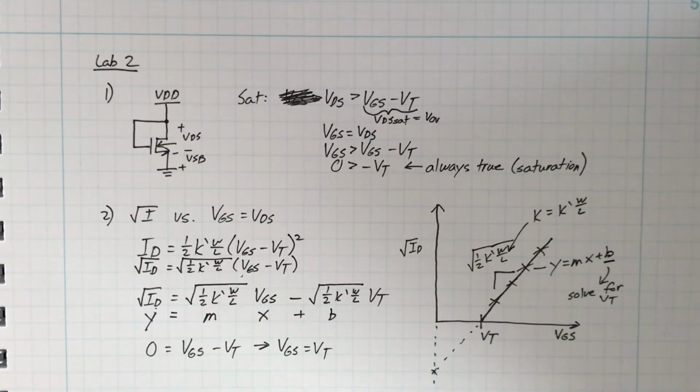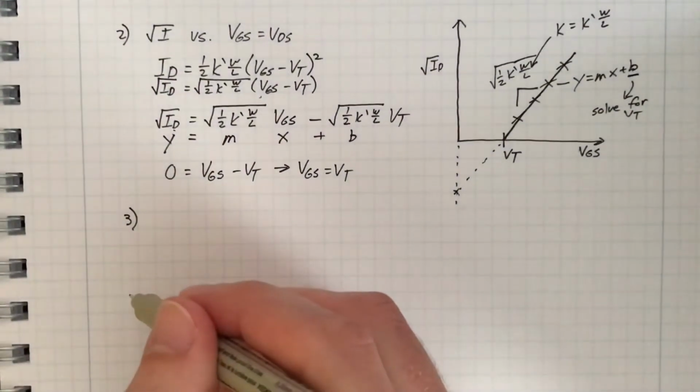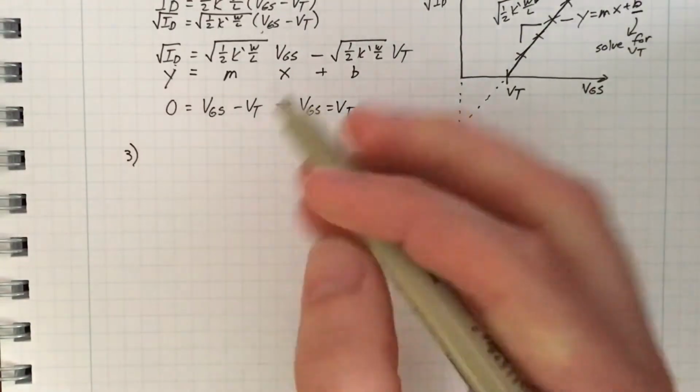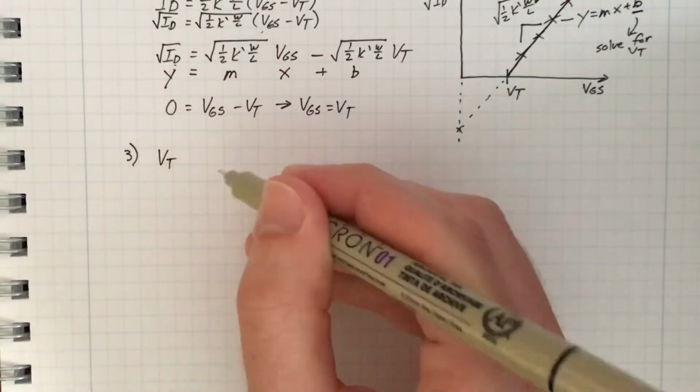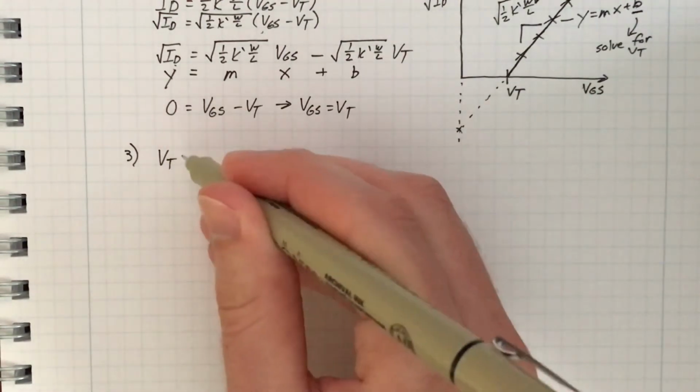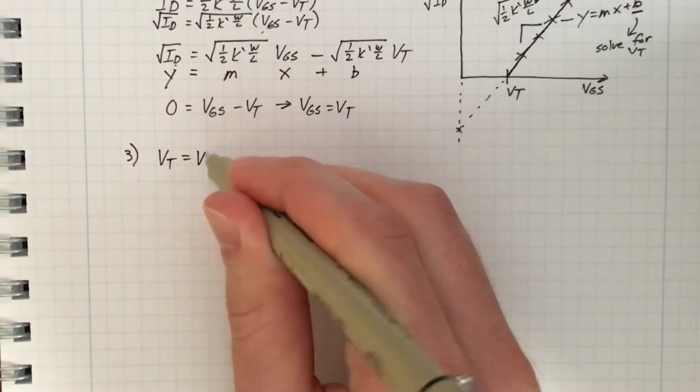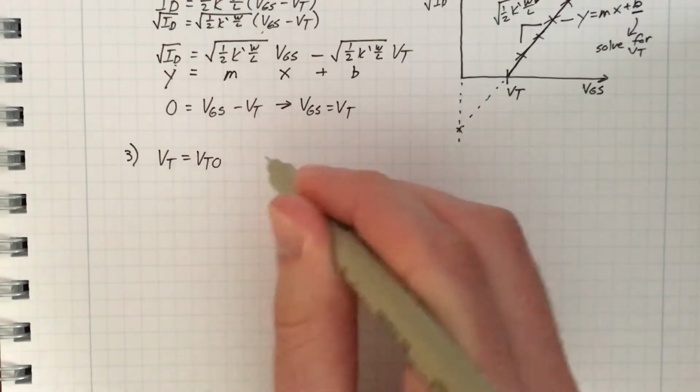All right, body effect parameter. So body effect, if you remember from class, changes the threshold voltage. And it does so according to this equation.